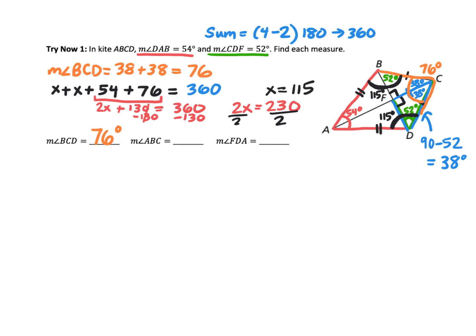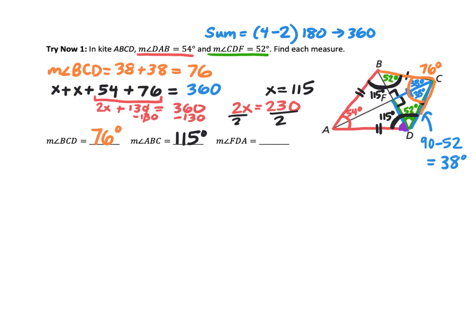Now, how is that going to help us answer the rest of the question? Well, look carefully at angle ABC. We just found that was 115. FDA we can also find next. Notice that FDA, F to the D to the A, is this little angle right here. Well, that purple piece plus the green 52-degree angle has to equal the 115.